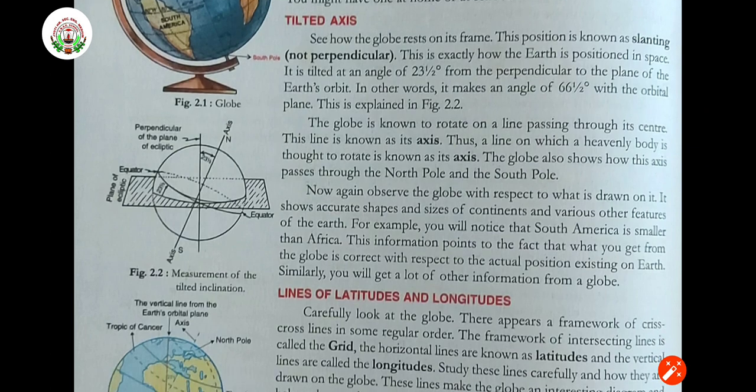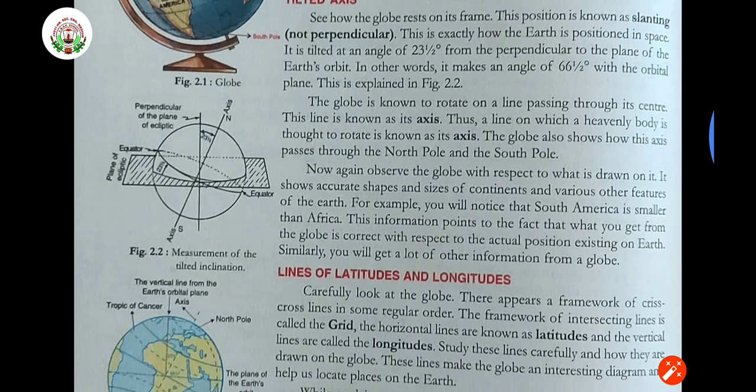Heavenly bodies rotate on their axis only. The globe also shows how this axis passes through the North Pole and the South Pole. In the north and south direction there is a crisscross line. Vertical and horizontal lines are both present. You can see how this axis passes through the north and south pole in figure number 2.2, where the north and south line is given and the axis is written.